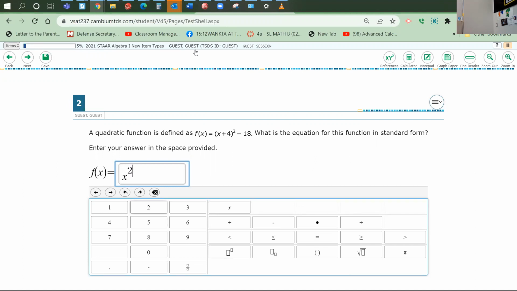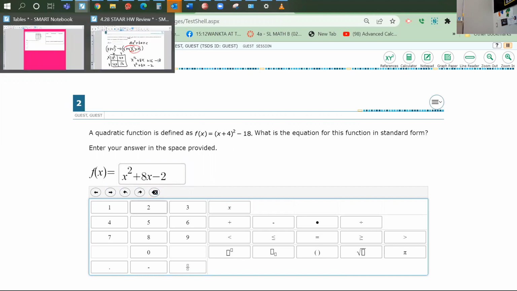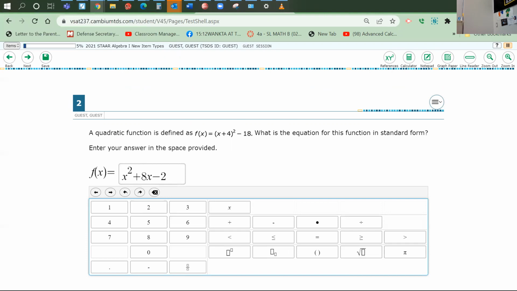Square. And then it was plus 8x minus 2. Let me double check on that one. Yes, x squared plus 8x minus 2. So that was the answer. And so I just move on to the next one.